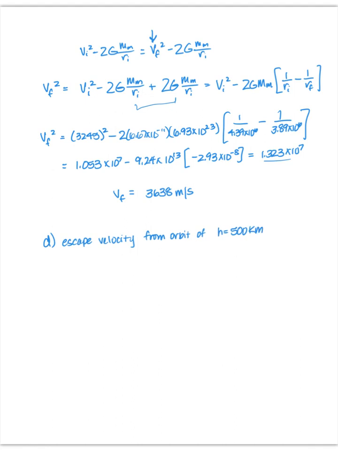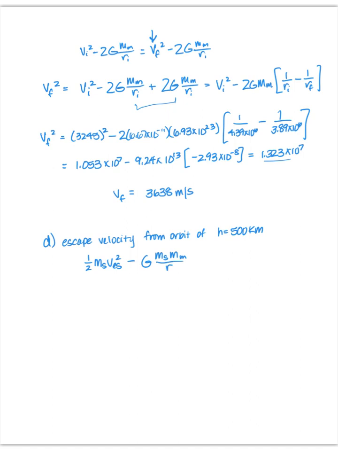We can find the expression for escape velocity by using the conservation of energy. We start off and say that we're moving at the escape velocity. So that's our kinetic energy. And we look at the potential energy we have at our current location.